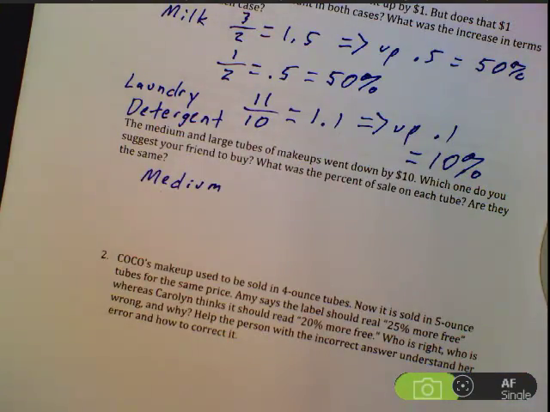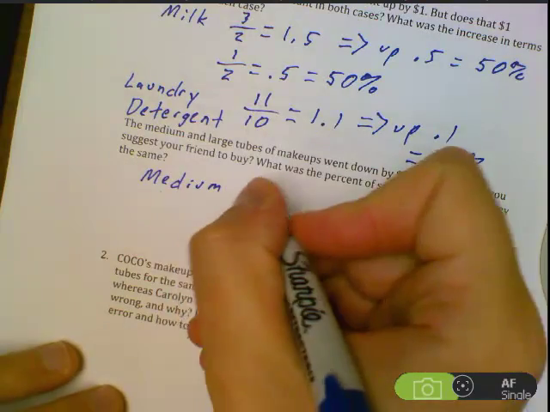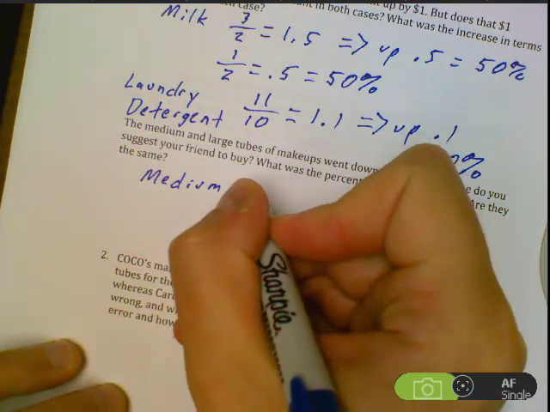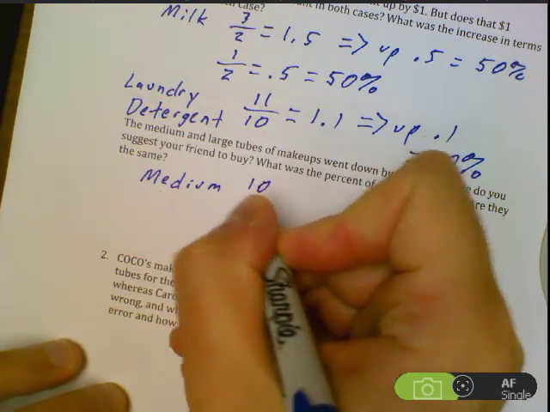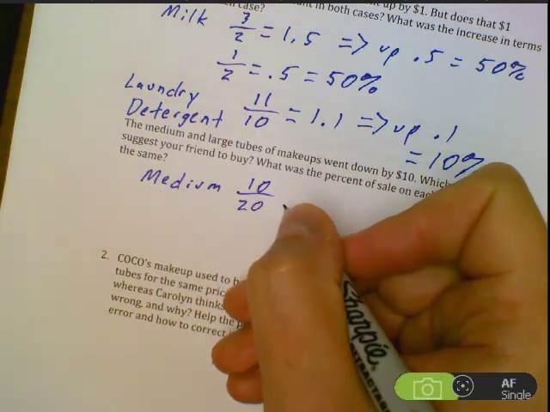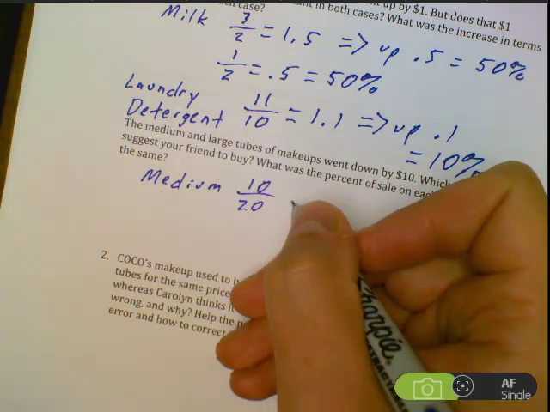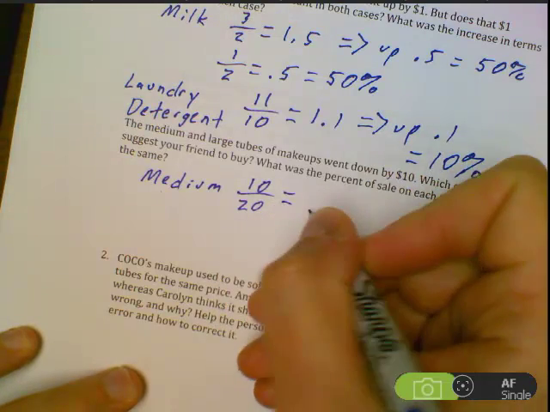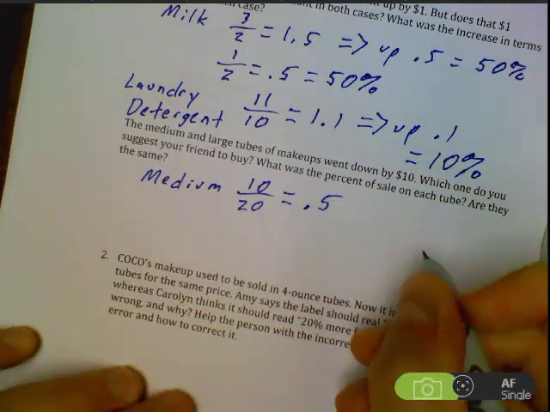Again, what I like to do is just say it went from $20 to $10. So we do it as 10 over 20. And here it doesn't matter, because we could do 20 minus 10 and we'd get 10. But again, this equals 0.5.